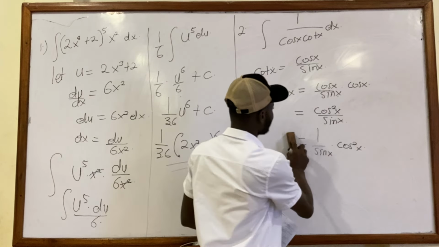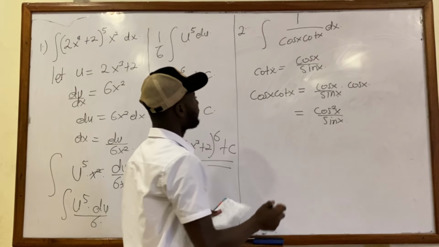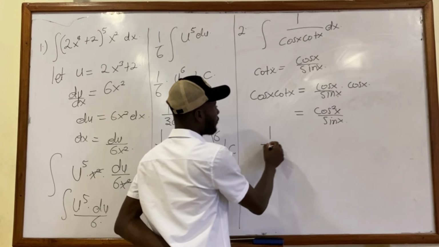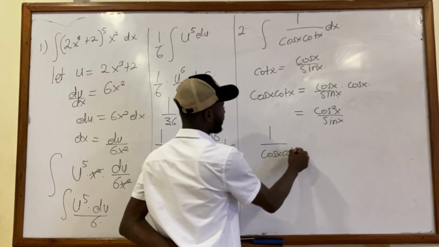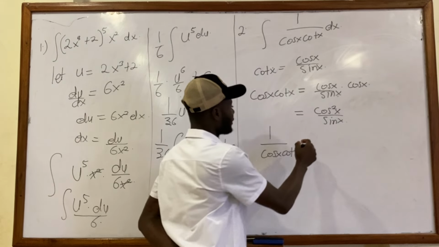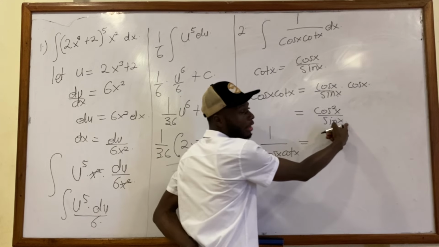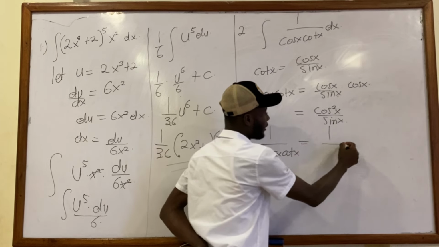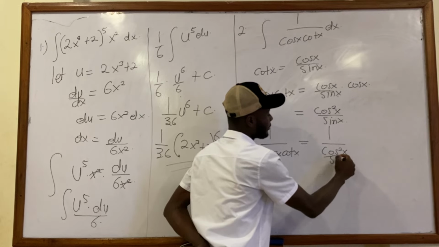Let's go back to the actual function. The actual function is 1 over cos x cot x. And then we have the denominator to be this. So we are going to have 1 over cos squared x over sin x.